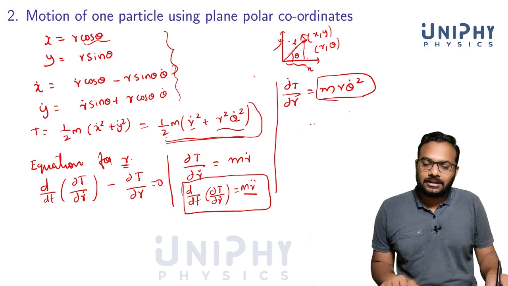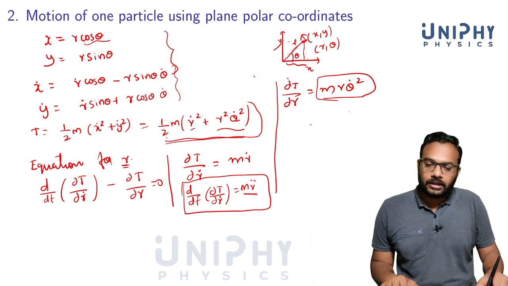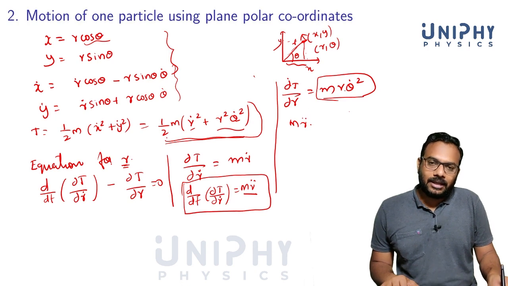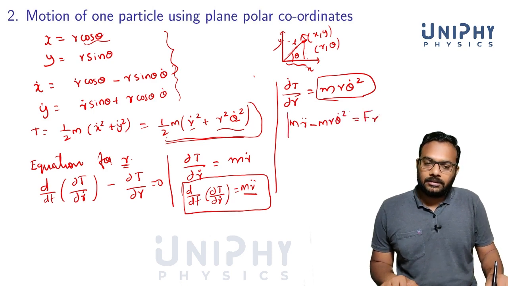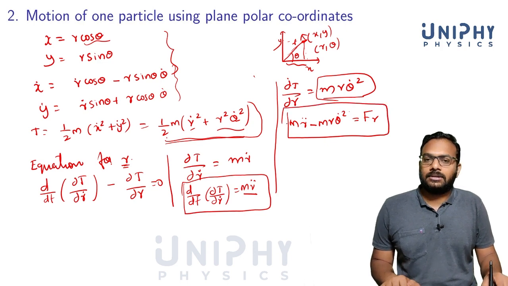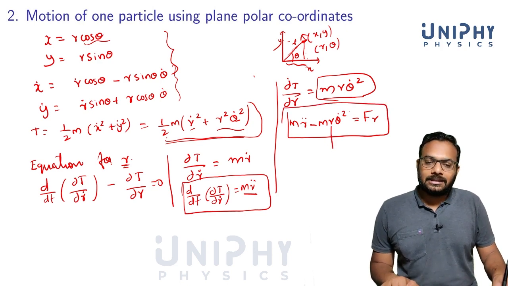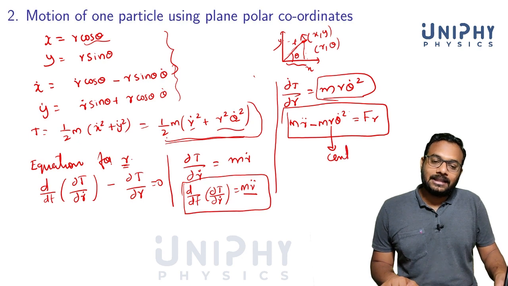Alright, you just combine all these things, you see that d by dt of dou t by dou r dot is m r double dot, minus dou t by dou r, so it's minus m r theta dot square, is equal to fr. Okay, that's the radial force. You notice that this is what you call the centripetal force, or the centripetal component of the force.